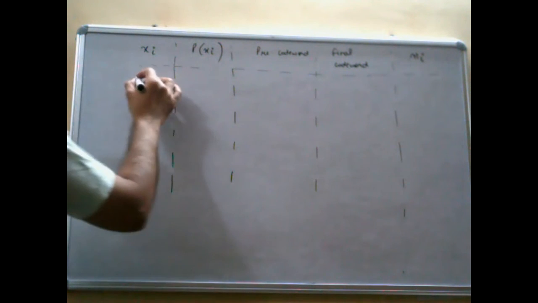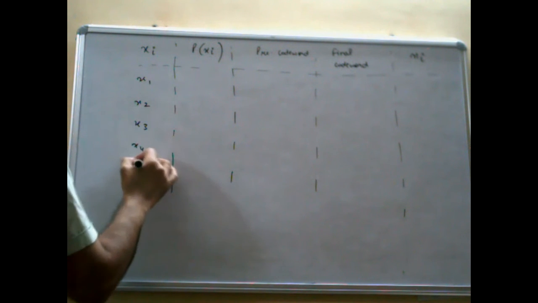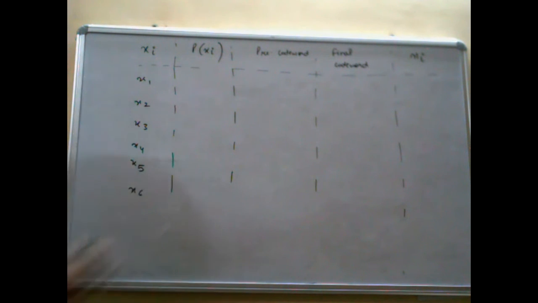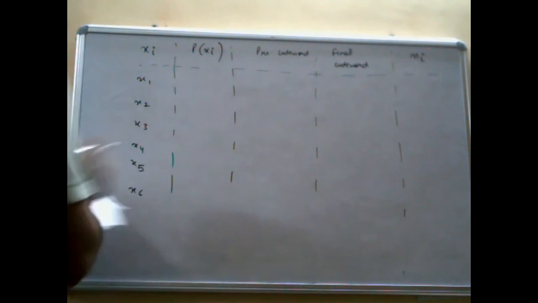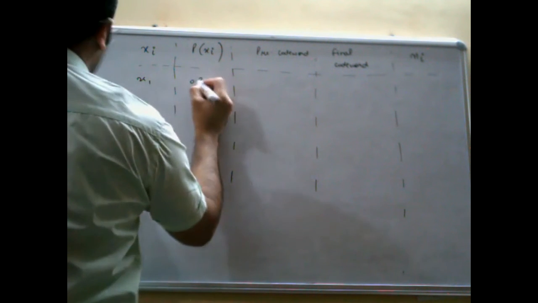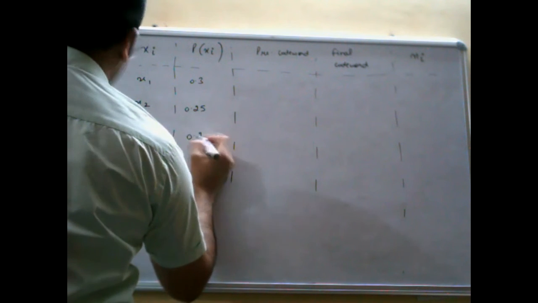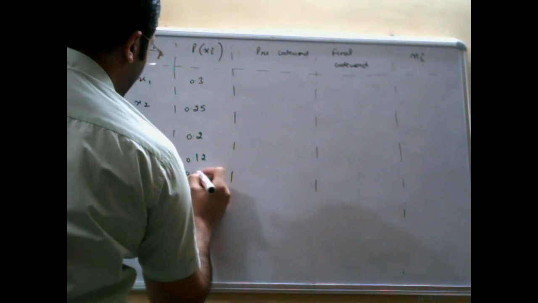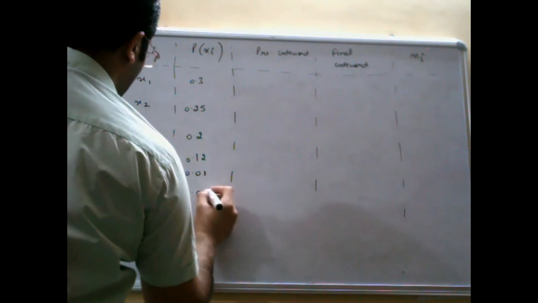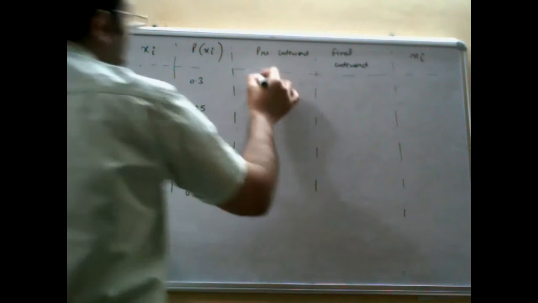First of all, I'll write all the symbols: X1, X2, X3, X4, X5, and X6. The probabilities were 0.3, 0.25, 0.2, 0.12, 0.08, and 0.05.